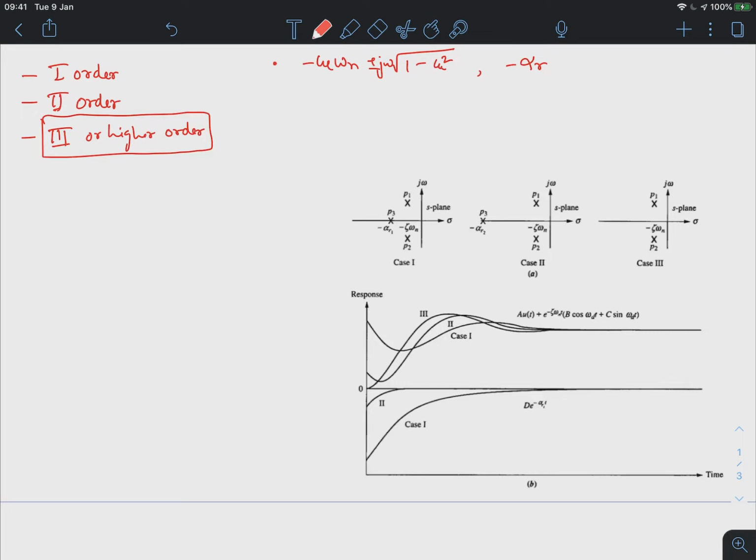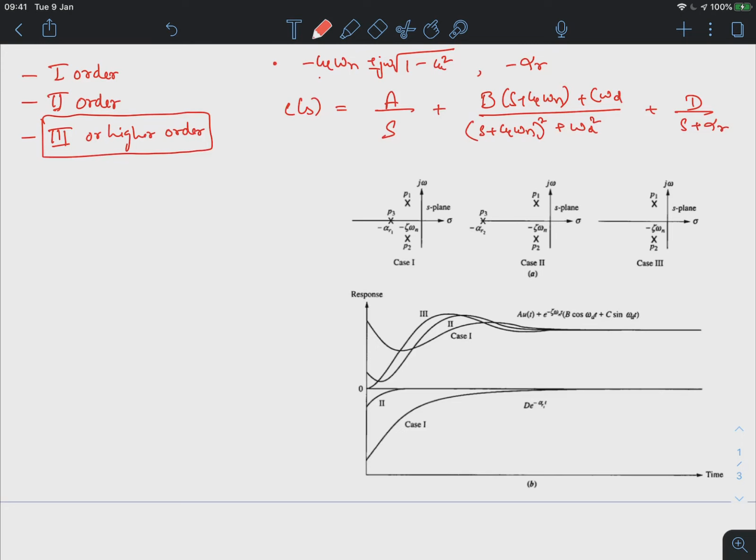So in the second order system, we had only these two poles. Now we are adding an additional pole, which is a real pole. If I write the output transform of this system, I would have, let's say, C of s equal to a by s, where this s comes from the step response, plus (bs plus xi omega n plus c omega d) divided by ((s plus xi omega n) square plus omega d square), plus d upon (s plus alpha r).